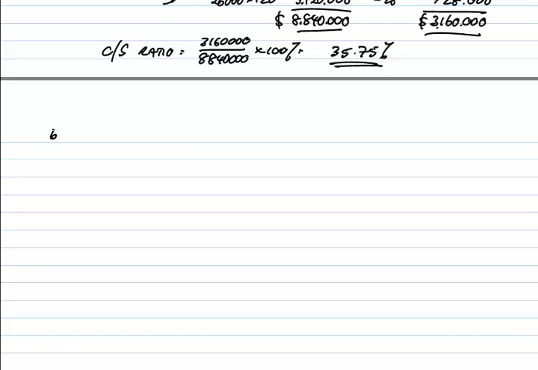Part B, the break-even sales revenue. Well, again, something you should have learnt, and if you haven't, go to the lectures on the website, because this is a very, very easy 2 marks. For break-even, the contribution must be equal to the fixed overheads, which we're given as 640,000.